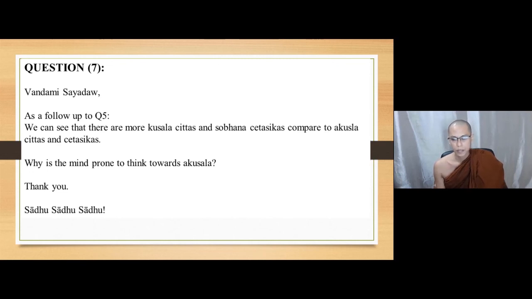That is why the unwholesome is very comfortable for the mind, for everyone, but those who already practice themselves to lead to the wholesome, at that time they change their nature to be comfortable with wholesome things.